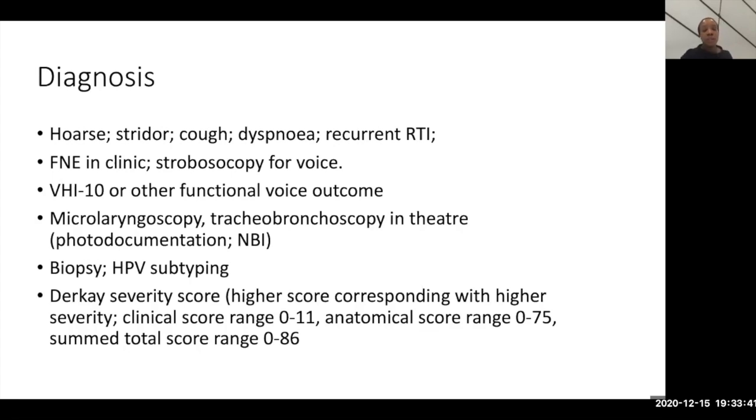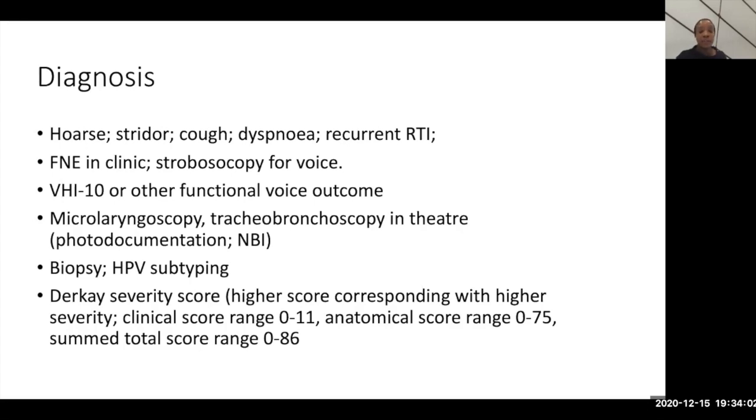People talk about using narrowband imaging, which allows you to see more proliferative lesions that are not necessarily avid to white light. We recommend taking a biopsy to confirm histological diagnosis, and always ask for HPV subtyping in these patients.